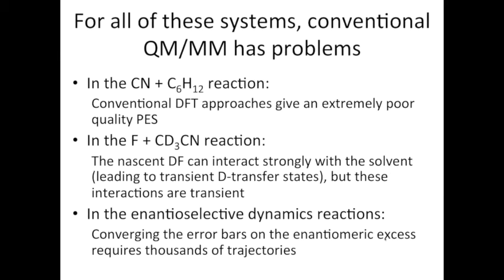The last thing I want to say about QM/MM for this system, where we're interested in non-equilibrium reaction dynamics, is that because you have weird couplings that happen on the boundaries between the QM and the MM region, when you do QM/MM for these highly excited non-equilibrium systems, you often see very weird energy flow behavior, okay?